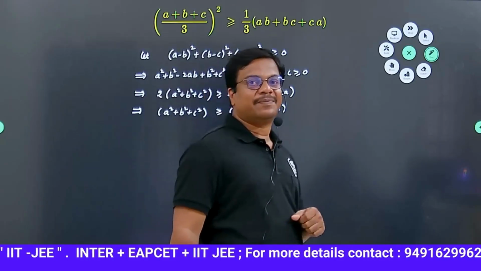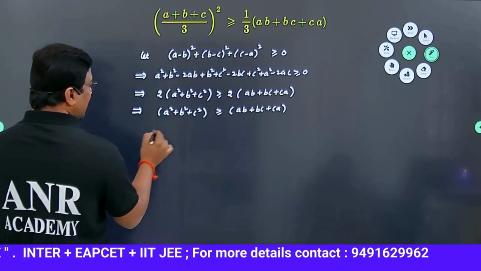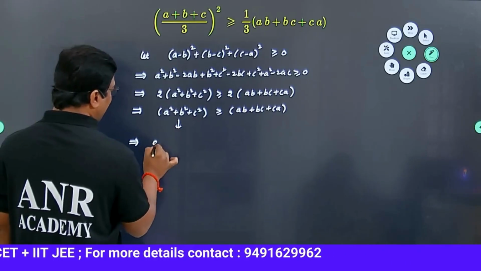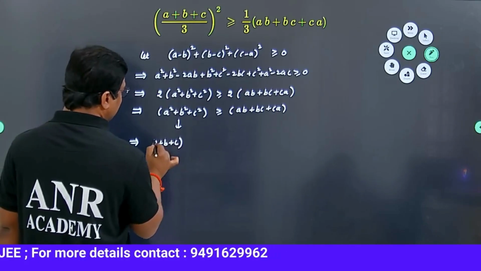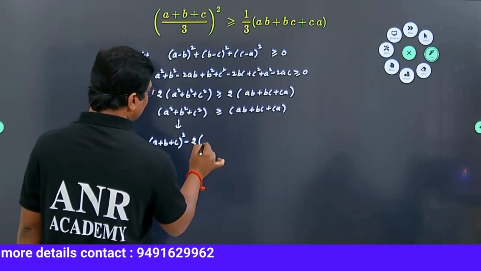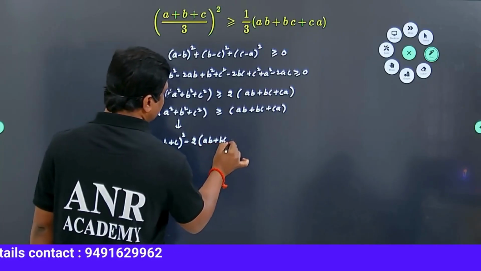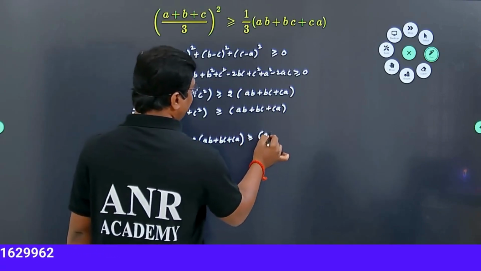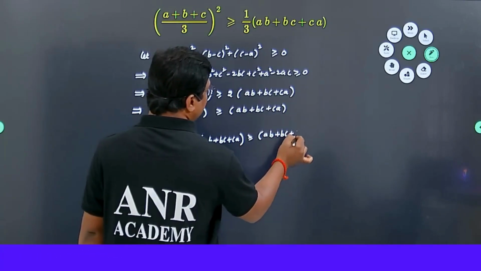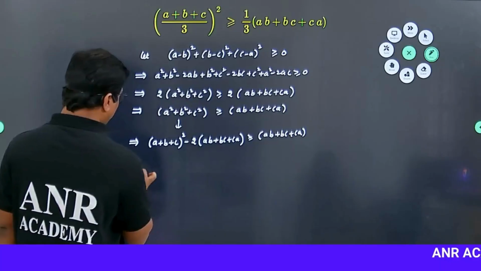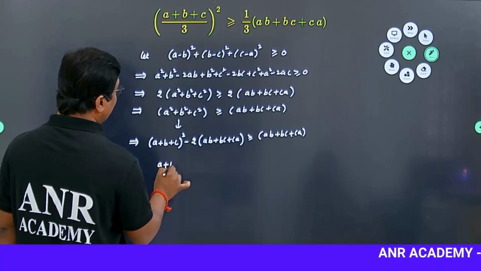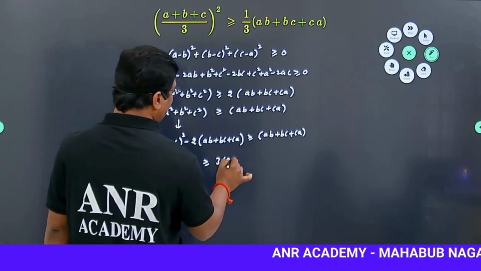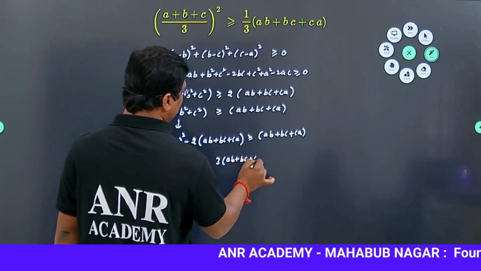In the next step, I am going to write a square plus b square plus c square as a plus b plus c whole square minus 2 times ab plus bc plus ca, which is greater than or equal to ab plus bc plus ca. This implies a plus b plus c whole square is greater than or equal to 3 times ab plus bc plus ca.